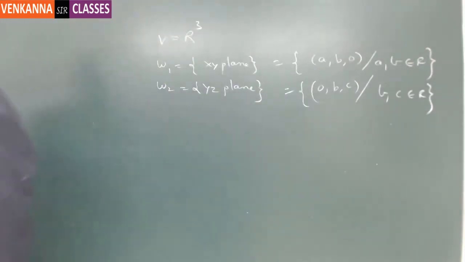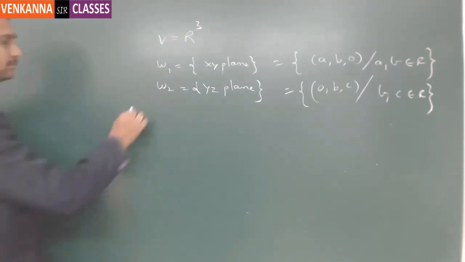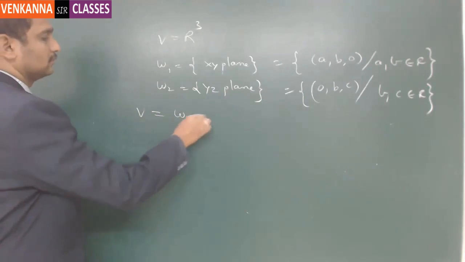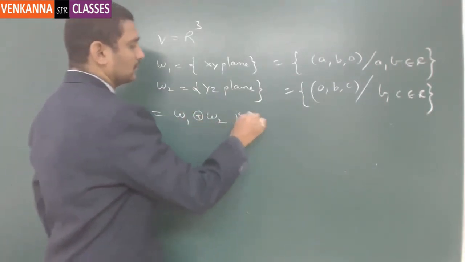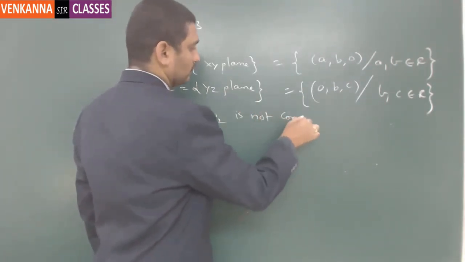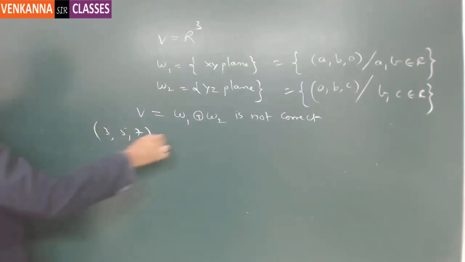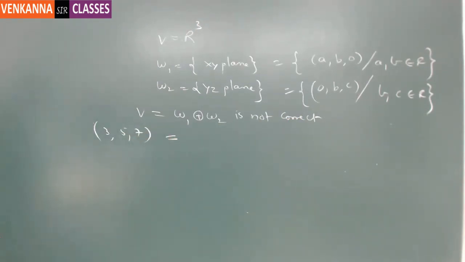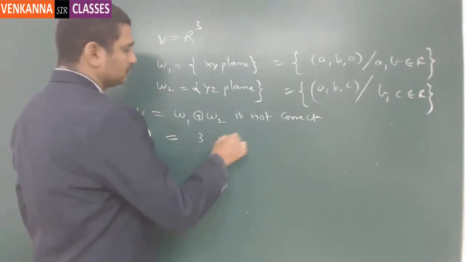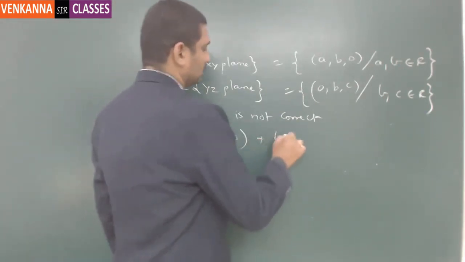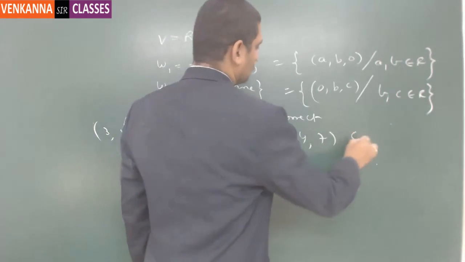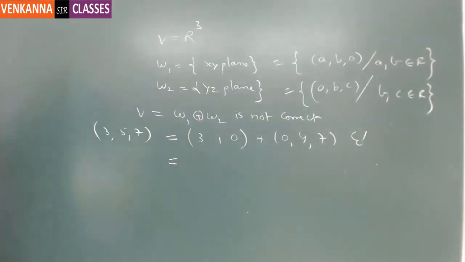Now I will say that here the vector space V is not a direct sum of W1 and W2. Why? Because if you take the vector 3, 5, 7, then you can write it in two ways. And the other way is nothing but this.